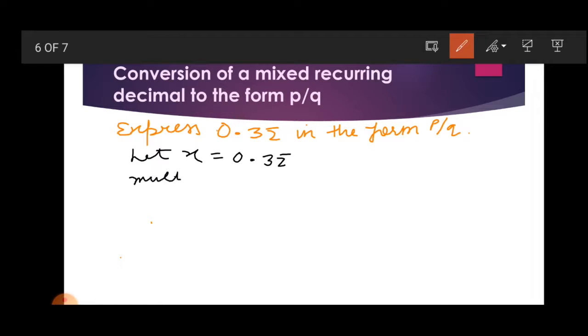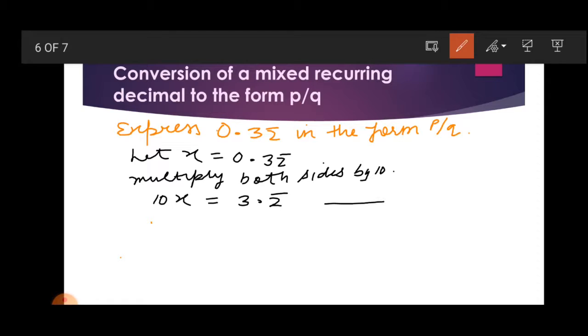Multiply both sides by 10. So 10x is equal to 10 into 0.32 bar, which is equal to 3.2 bar. Name it equation 1. Now here we have one digit after the decimal point, so multiply this equation again by 10.